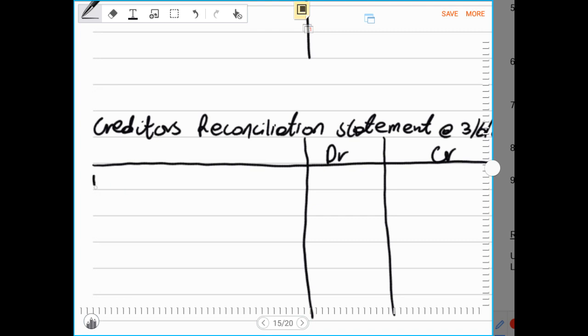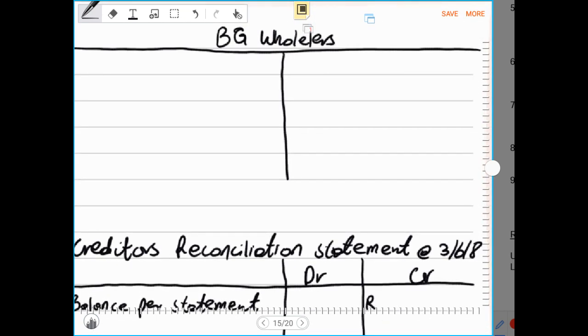Then we start with the balance per statement. Balance per statement means if the statement was given, we'll be taking the balance from the statement, which is the balance at the end. As I said, I will normally refer to the previous exercise so that we know where these figures are normally taken when the statement is provided to us.